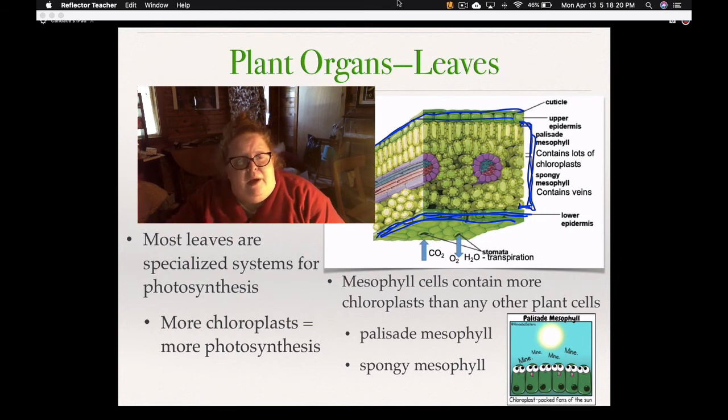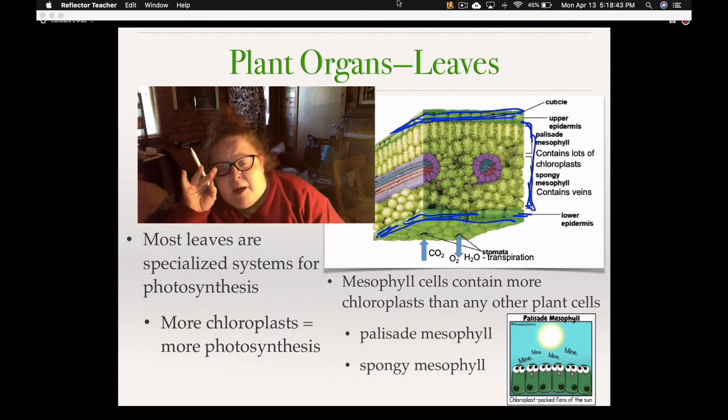And so all of these cells, remember, the dermal cells are not carrying out a whole lot of photosynthesis. They're secreting that cuticle. They're doing their job. But in here, you're going to have cells that have a whole big bunch of chloroplasts, because that's where photosynthesis is going to take place.